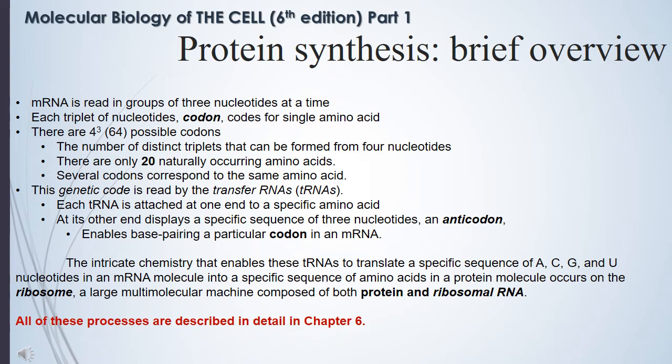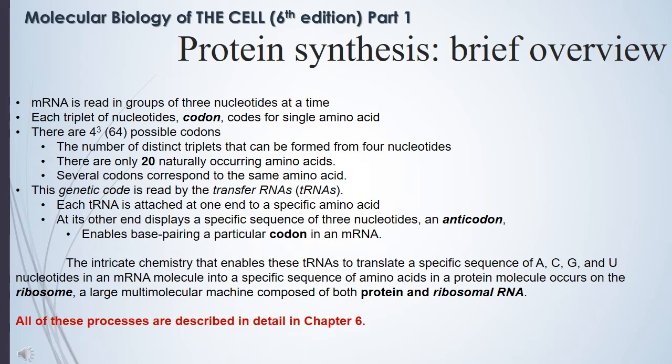Now, if we do simple math, we have 4 nucleotides and 3 nucleotides per codon. We can have 64 possible codons, therefore 64 possible amino acids. But in reality, we have only 20 naturally occurring amino acids, which means there are certain triplet sequences that code for the same amino acid.